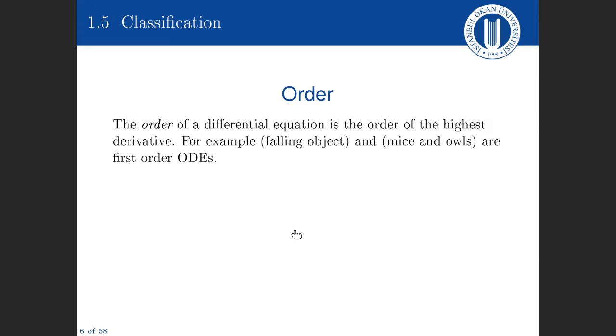The order of a differential equation is the order of the highest derivative. For example, the falling object equation and the mice and owls equation both had a first order derivative in them, so they are first order ODEs. This equation, d squared y dt squared plus dy dt plus y.